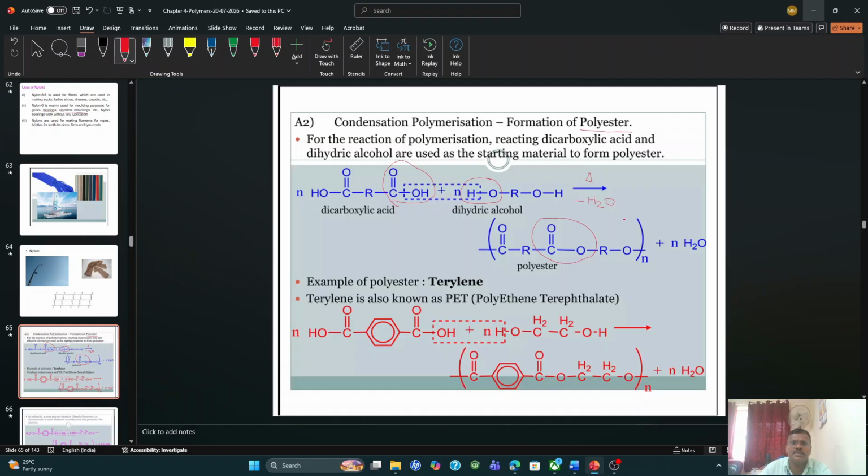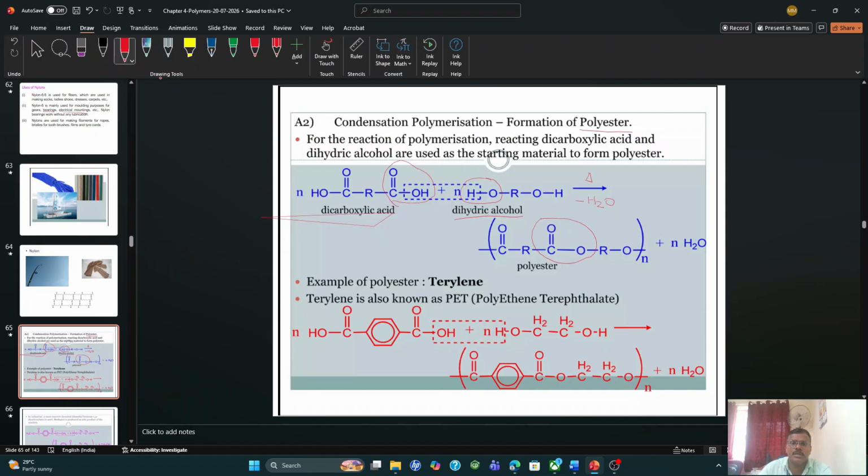This is a dicarboxylic acid and dihydroxy compounds. With the elimination of water molecules, we get the polyester.